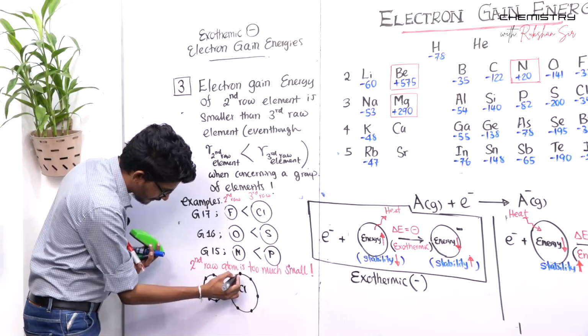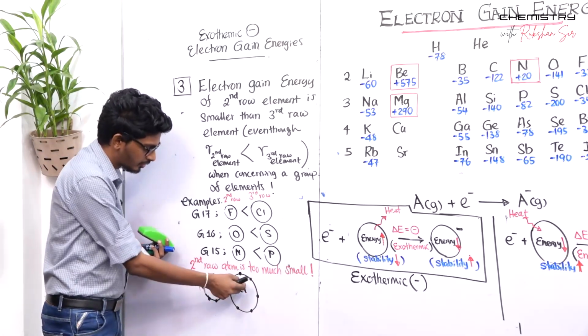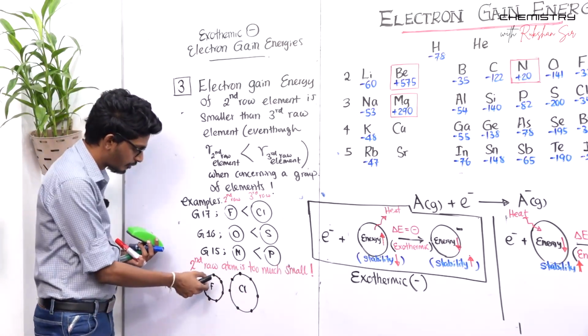So you see a much greater distance between electrons in chlorine, but that is smaller in fluorine.